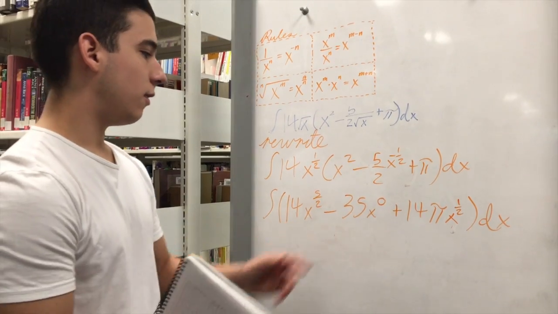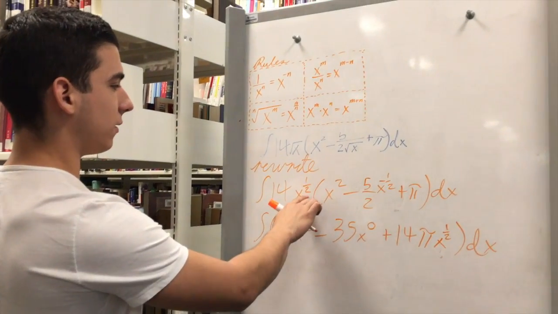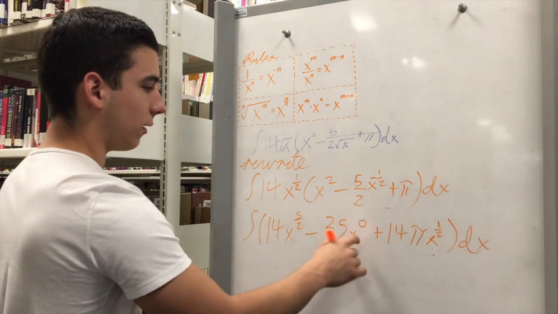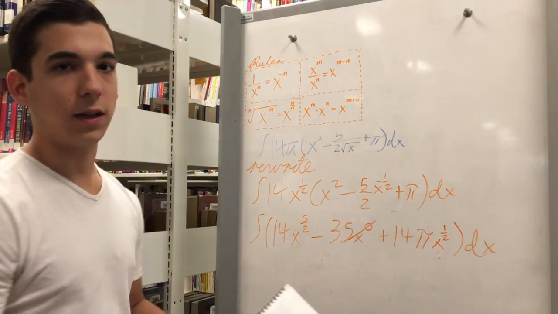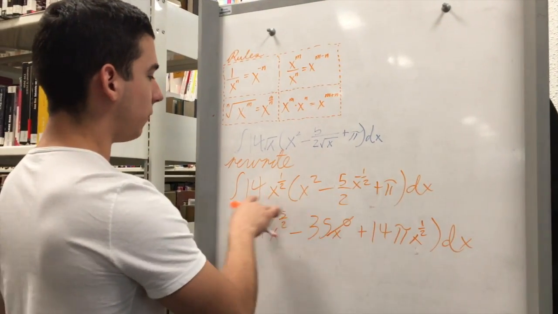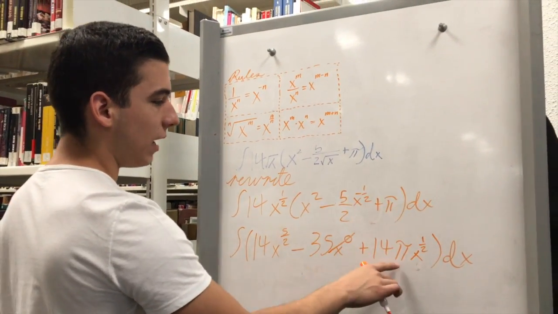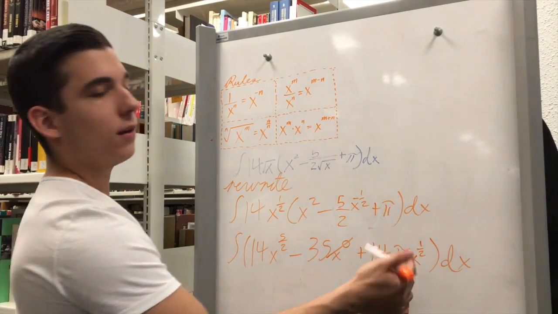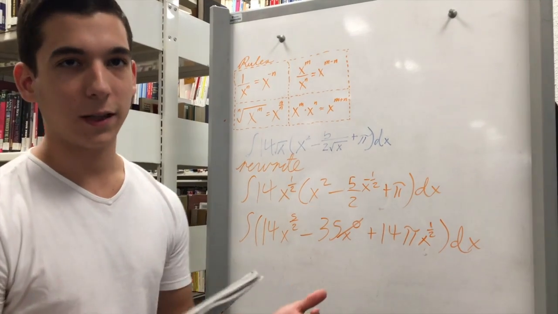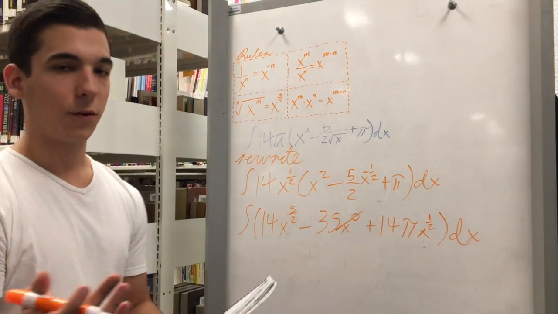And 35x, because x to the 0, because this one cancels out, so you can cancel this out because it's equal to 1, and then plus 14x to the 1/2 times pi gives you this, 14 pi x to the 1/2. Since we already have it as simple as possible, we can start integrating.